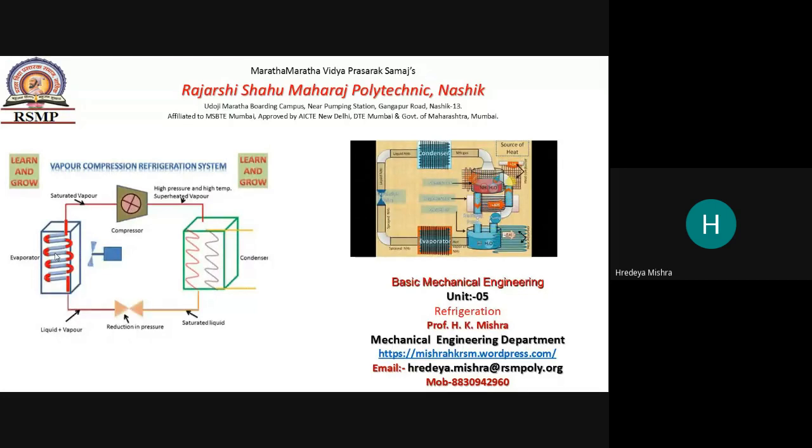If there is a phase change, then what happens? A lot of energy is released due to the phase change, and our refrigeration system works on that. This is the evaporator, where the liquid is evaporating, and here it is condensed, the liquid is condensed again. Condensing and evaporating, condensing and evaporating.